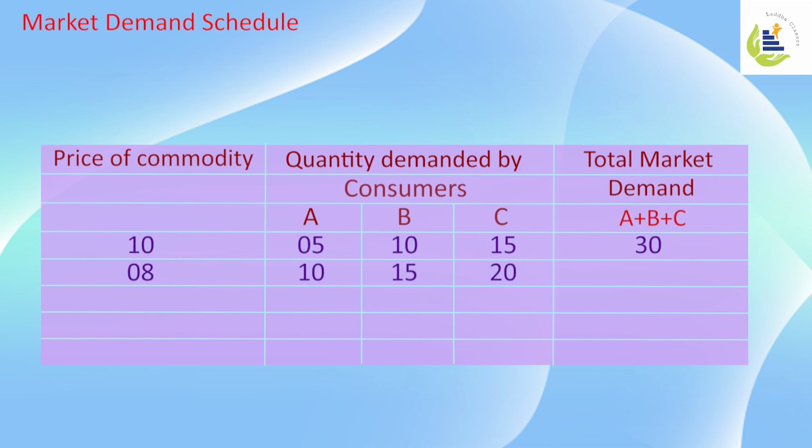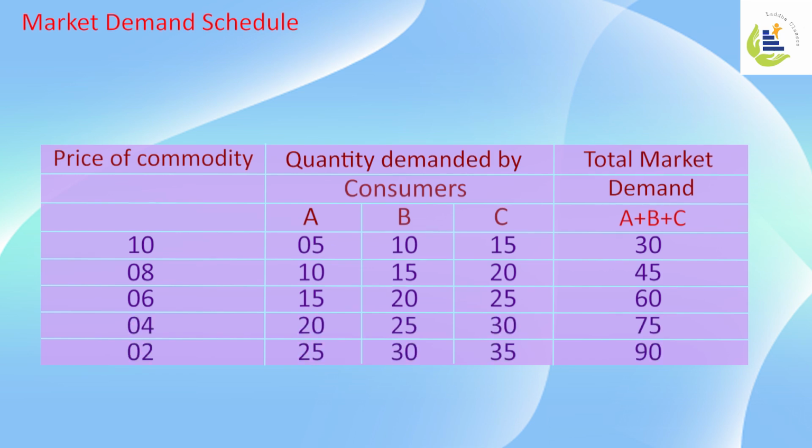So in turn it turns out to be a total of 45 units. When the price further goes down to 6 rupees, consumer A buys 15 units, consumer B buys 20 and consumer C buys 25. So in turn the total is 60. And as the chart progresses further, you can see as the price goes down, the quantity purchased increases.